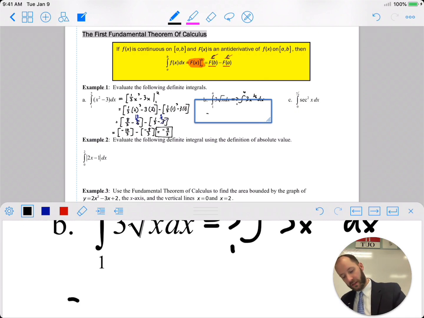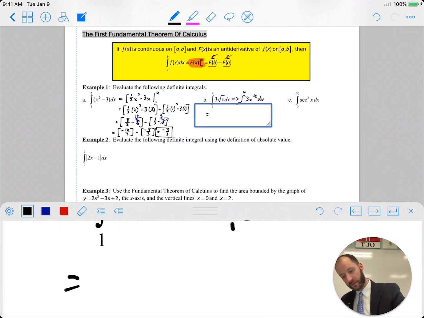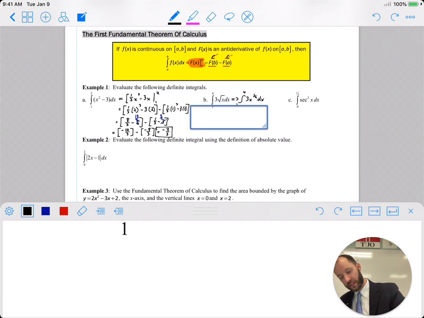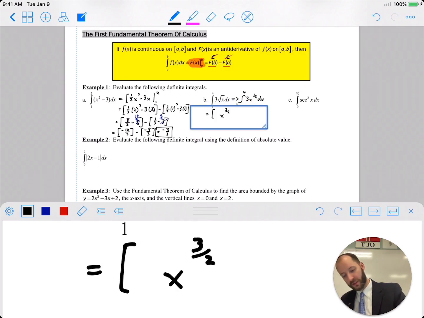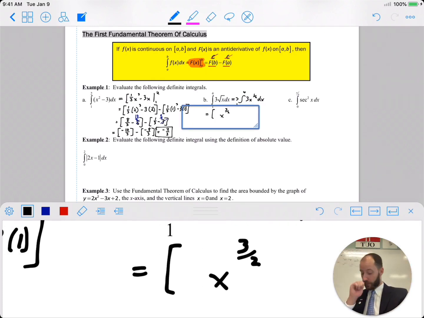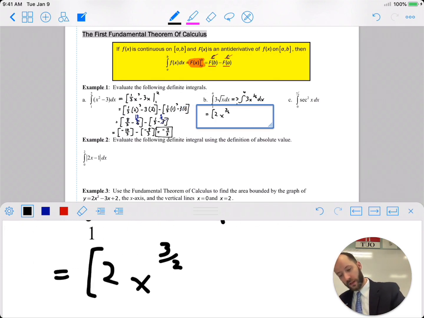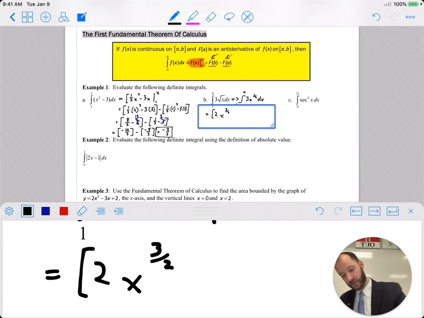So to get our antiderivative, increase the exponent by 1, so x to the 3/2, and divide the coefficient by the new exponent. So multiply by the reciprocal, so 3 times 2/3, which would be 2. So 2x to the 3/2, evaluating from 1 to 4.